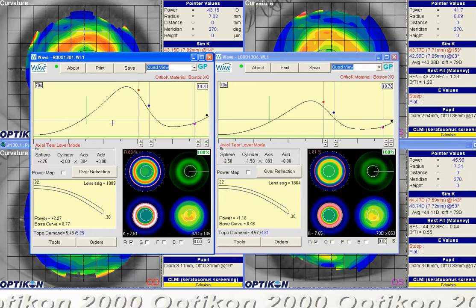Okay, so we've got increased demand. This will mold the cornea a little bit more and hopefully get the patient into the plus side of the spherical post-wear refraction. The cylinder that you're getting in the refraction will still be there because we haven't done anything to change that.